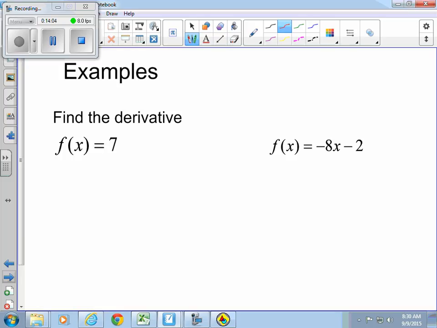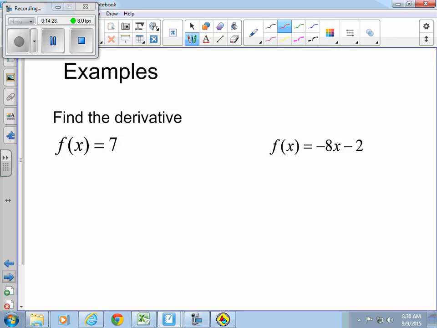Those of you who know the shortcut are to keep your mouth closed at all times. So you're looking for shortcuts because we hope to not have to do that big long limit definition forever. We'll do it as long as we can.